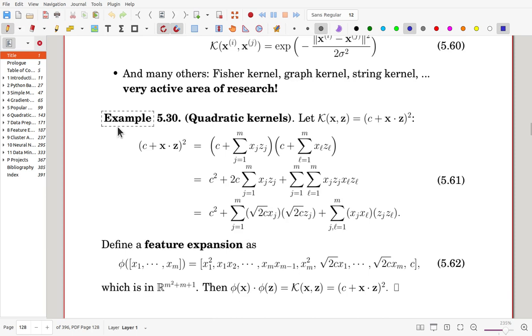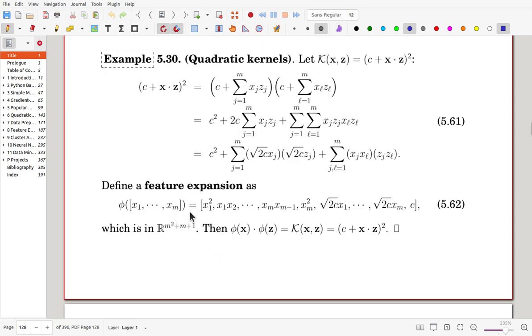Let's look at this example. Here, k(x, z) is defined in this way, so it is a quadratic kernel. If we use some algebra, then for this term we can reach this. Now, in order to express k(x, z) as a dot product, we try to define a feature expansion.